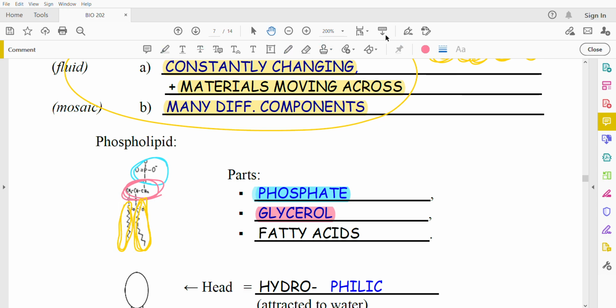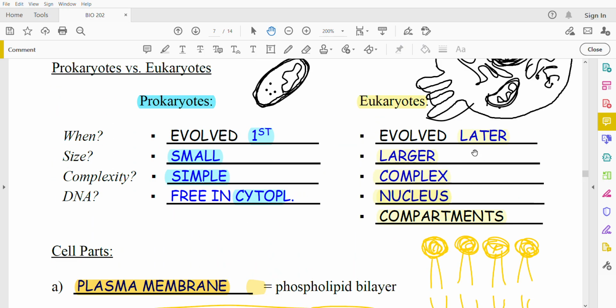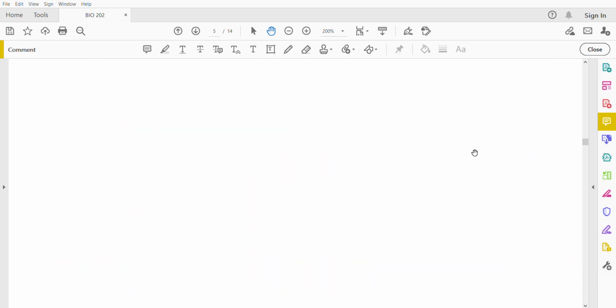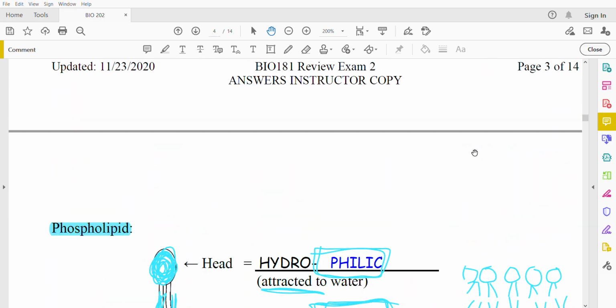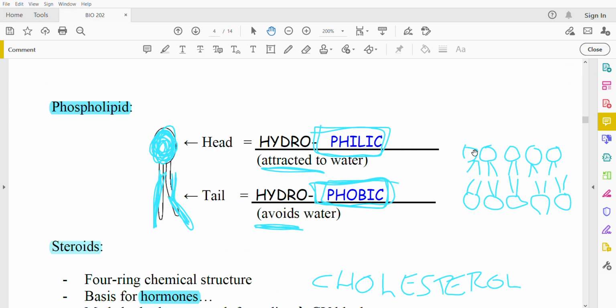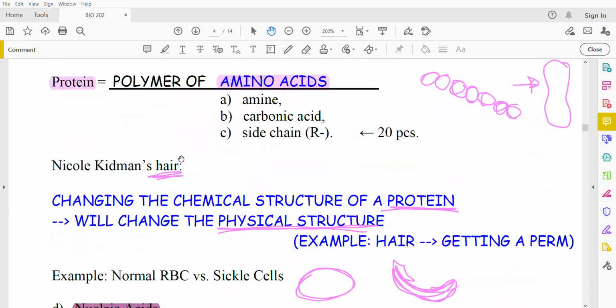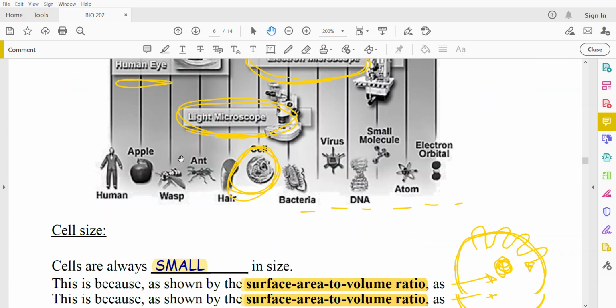So you might be wondering, okay, now we're writing the chemical structure of the phospholipid, but earlier on I showed you a different kind of drawing of a phospholipid. I showed you that a phospholipid looked like this here. It had a head and it had tails. Well, this is the exact same thing.